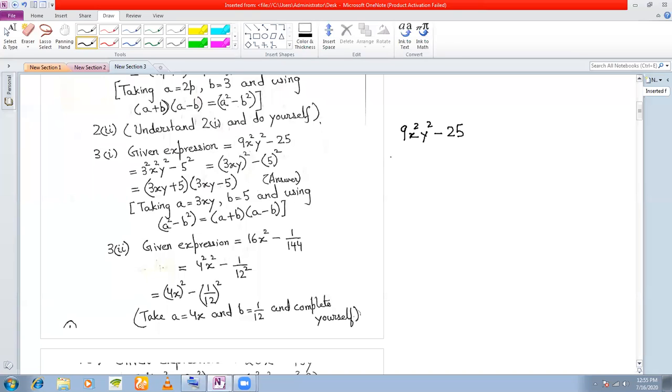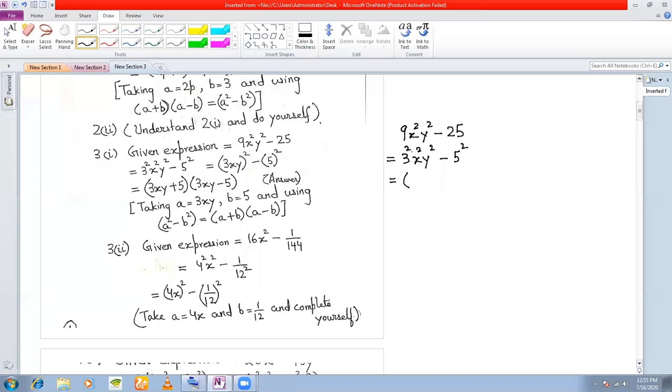So you have 9x square y square minus 25. You see that 9x square y square can be written as, 9 is a perfect square, it can be written as 3 square, 3 square x square y square, and 25 can be written as 5 square.